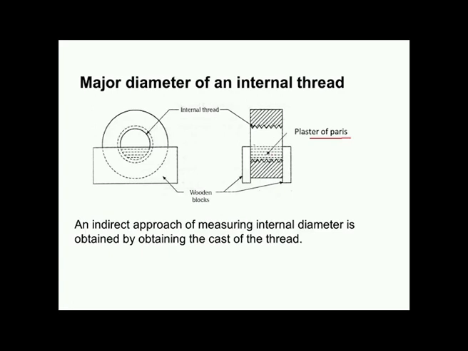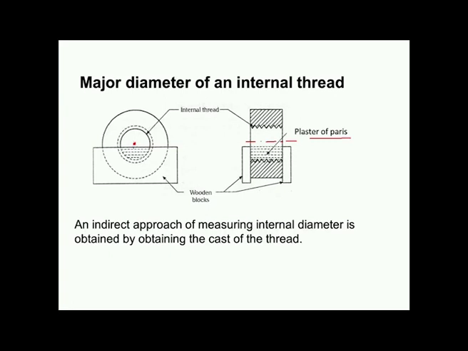We should take care while pouring the plaster of Paris. If this is the center of the workpiece, you can see this is the level of plaster of Paris. It is not crossing the center, or the radius of the workpiece.